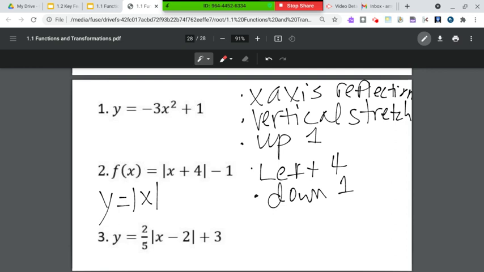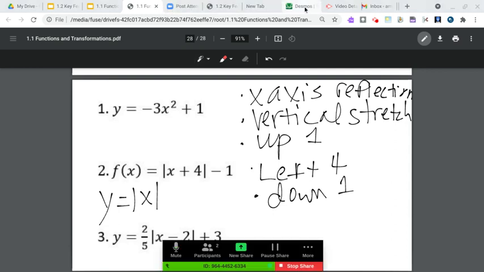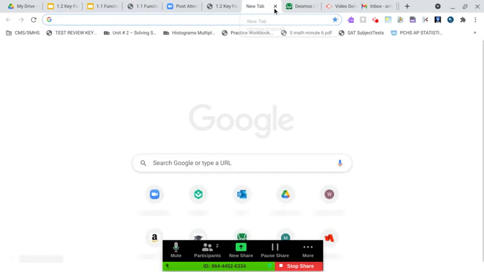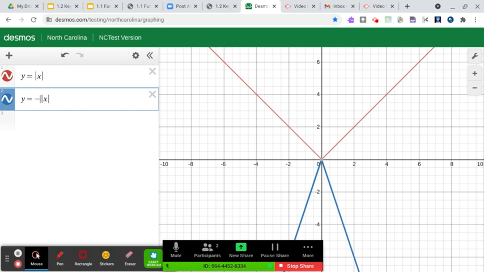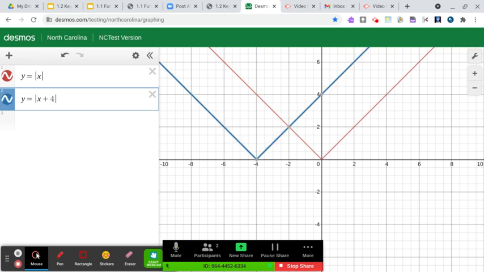And I just want to show you real quick on Desmos, which is definitely a tool you're going to be using a lot this year. So if you ever get, can you see my screen? Yeah. Desmos. Okay, so if you ever get confused and you want to check yourself, you go +4.